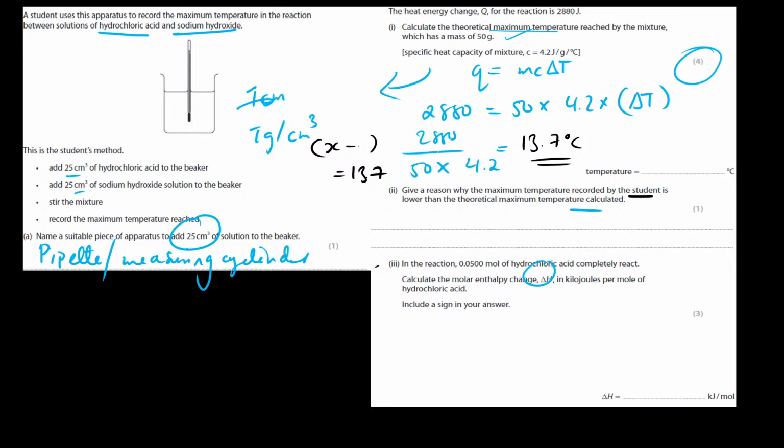Calculate the molar enthalpy change. Yep, they could have used a lid. That's a way of improving. Fantastic. Is that Abdi? Brilliant.